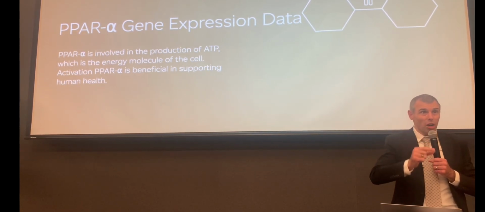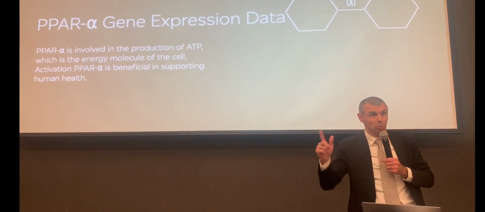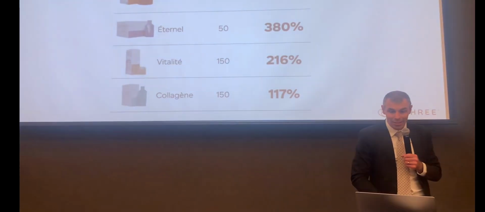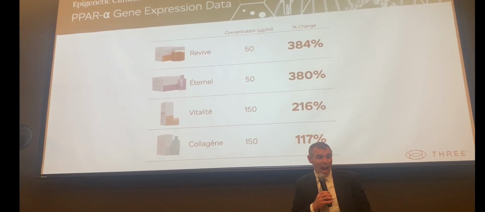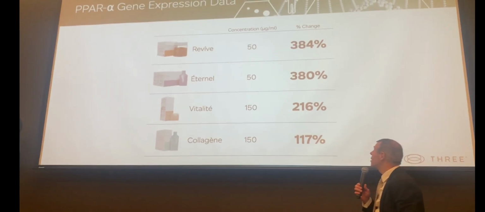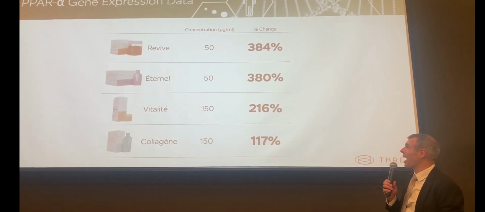PPAR alpha is the start of the signal transduction cascade that then rolls into respiration that produces ATP. And you want this to be activated. Revive. Look at all of these 4 products activated PPAR alpha to a large degree. 3.84-fold, 380%. Look at that. Crazy.